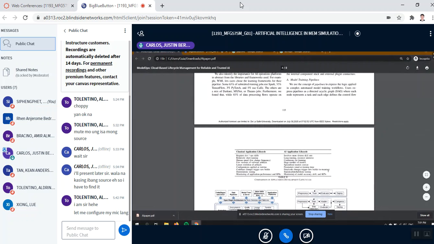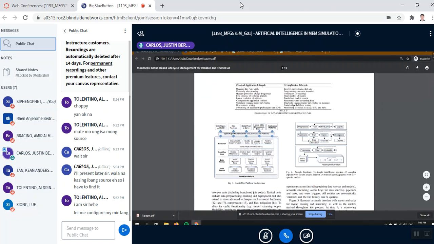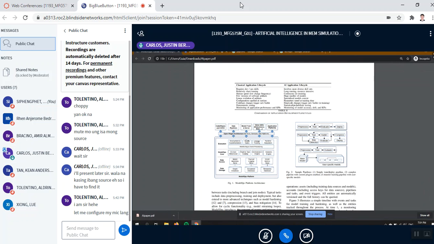So, for their system design, as seen in the figures here, figure 1 shows the model ops platform architecture. Looking at this, it's kind of uniform, but it's segmented in such a way that it looks like a pipeline.